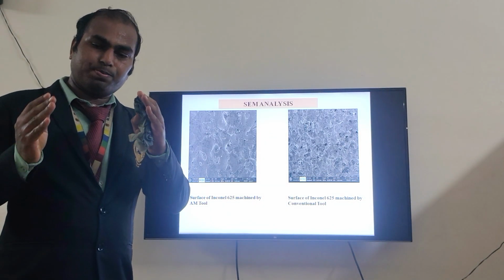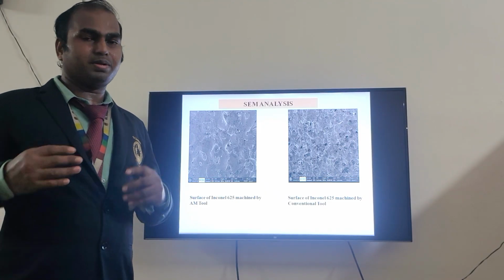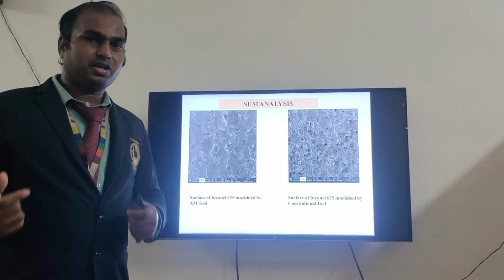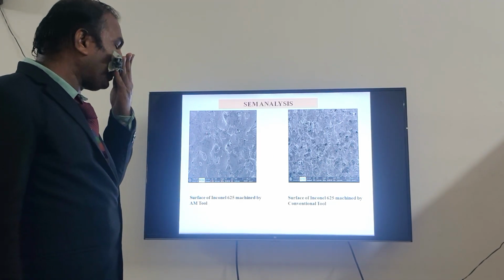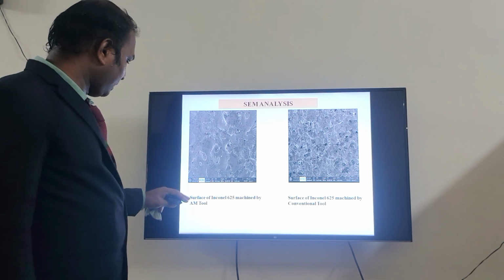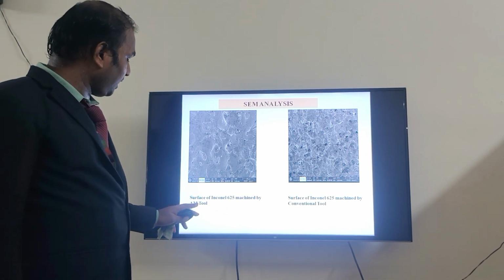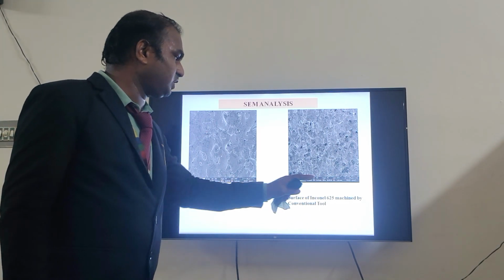After machining, we identify the SEM analysis factors, showing how the surface was machined. In these two images, I have kept the two SEM images. One is the surface of Inconel 625 machined with the additively manufactured tool, and the other is the surface of Inconel 625 machined by the conventional tool.